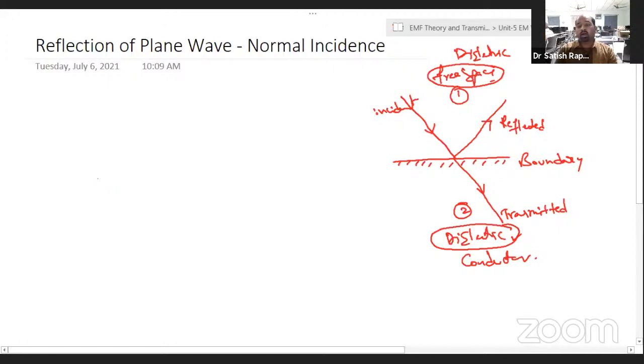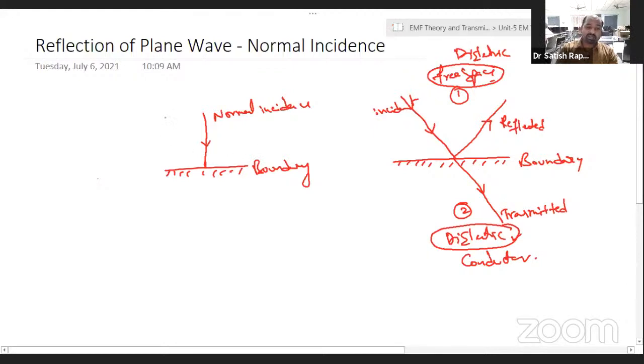Depending on how the wave is incident on the boundary, we have different categories. For example, here, this is the boundary. If the wave is incident normally like this, it is called normal incidence. When the wave is incident at exactly 90 degrees on the boundary, it is called normal incidence.